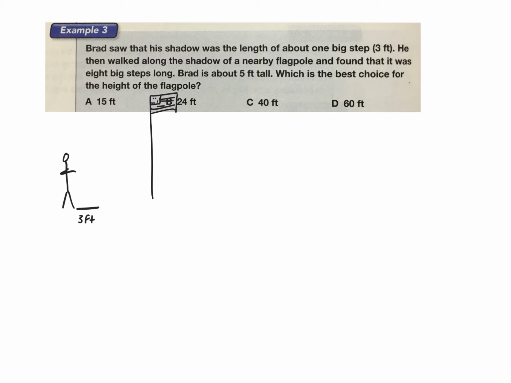So each one is 3, so 8 and 8, 16, 24. So its shadow length is 24 feet, right? 8 big steps, each big step is 3. So 3 times 8, 24 feet. Brad is about 5 feet tall. 5 feet is his approximate height.